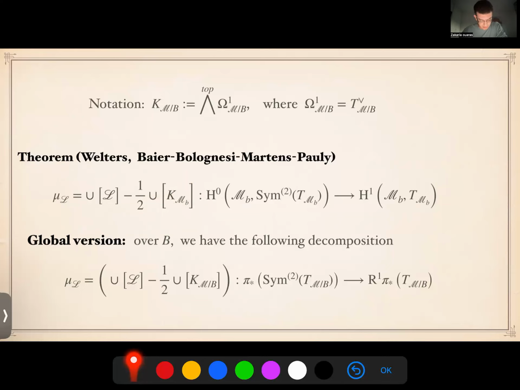And the global version is you replace the canonical bundle of the fiber by the relative canonical line bundle. So you will get the push forward of symmetric vector fields. And here you take the first direct image, where the fiber, if you want, is identified with this cohomology group. So this map is very important for us for the criterion for existence of a connection on the push forward.